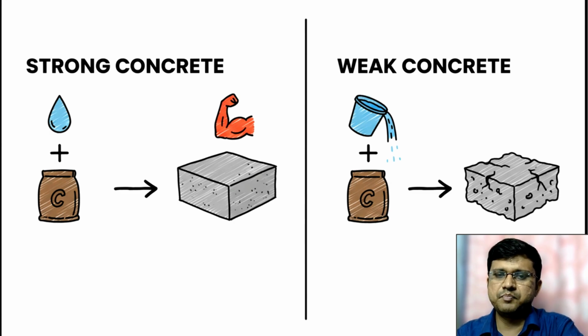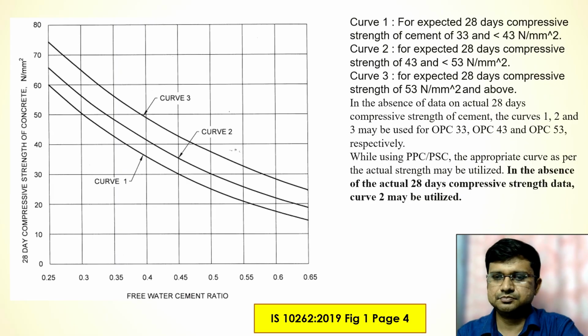These voids make the concrete porous and reduce its strength. So, if the water cement ratio is high, more voids are formed and strength decreases. On the other hand, if the water cement ratio is low, fewer voids are formed and the concrete becomes denser and stronger. So, the logic is very simple. Strength is inversely proportional to water cement ratio.